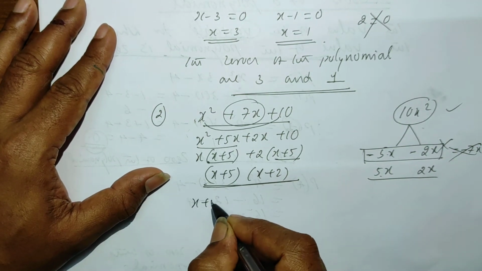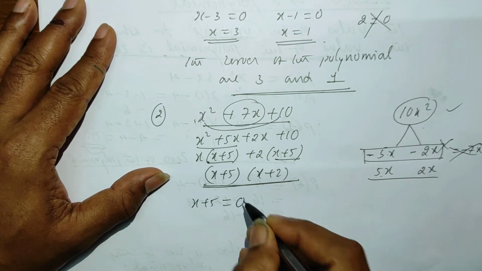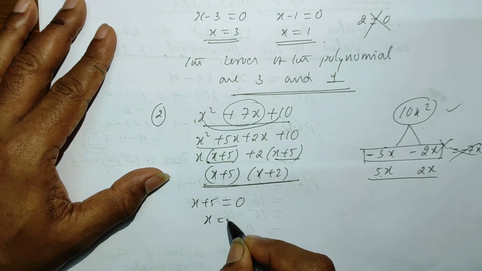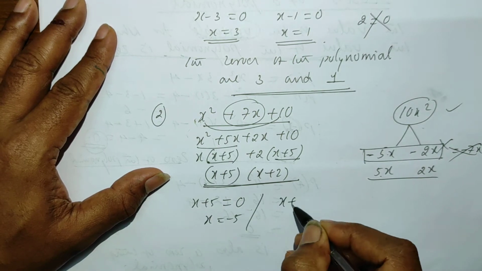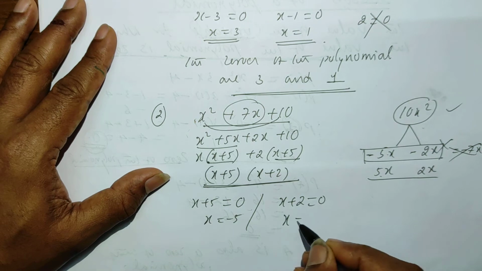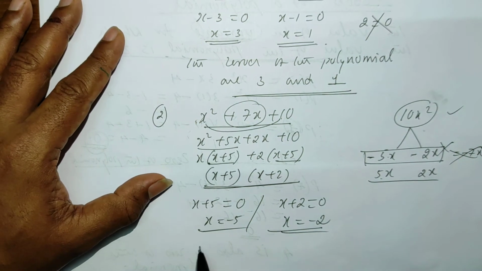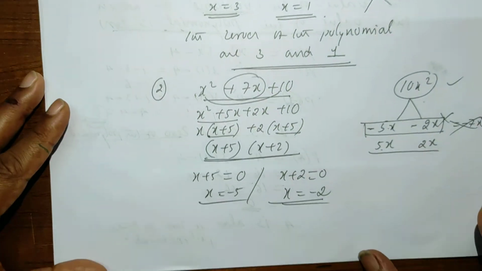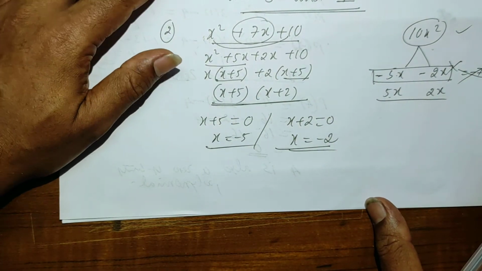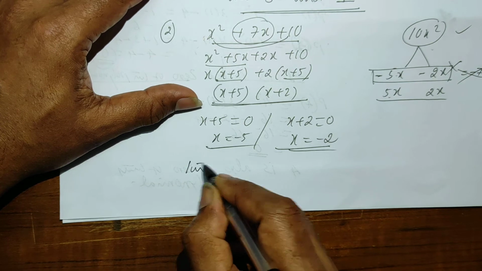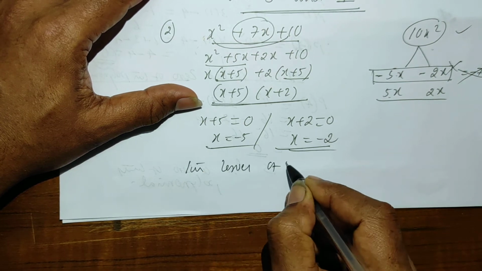Now we have to equate the factors to 0. x plus 5 equals 0, x equals minus 5. x plus 2 equals 0, x equals minus 2. So the zeros of the polynomial are minus 5 and minus 2.